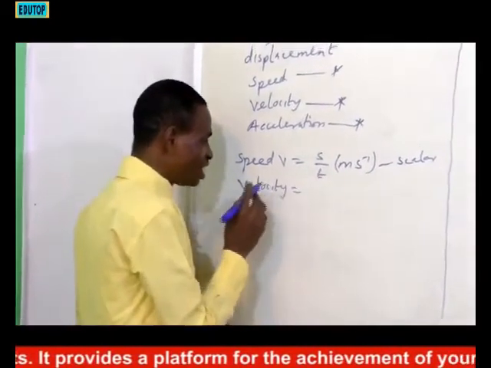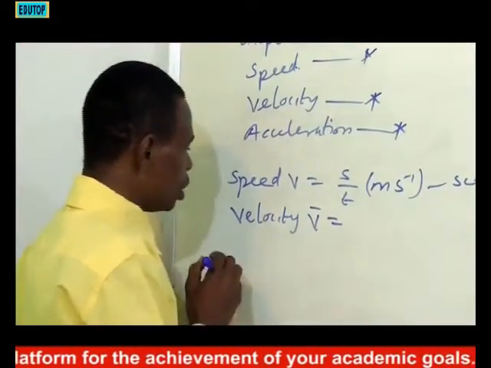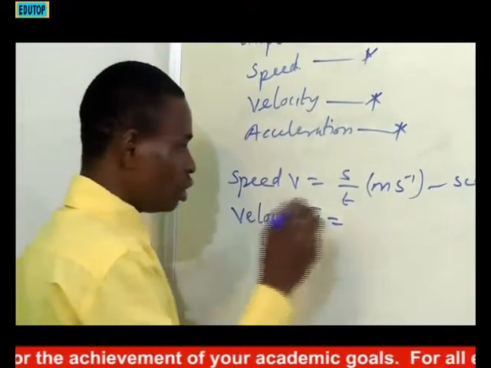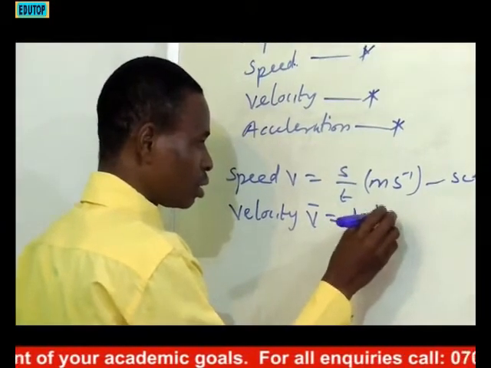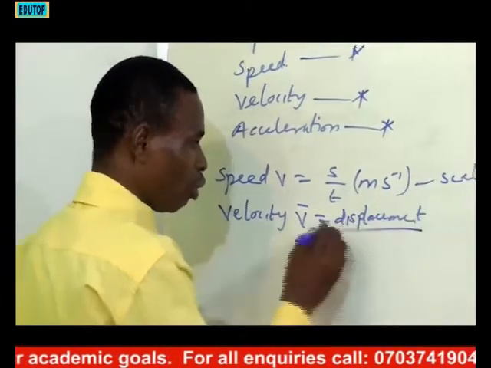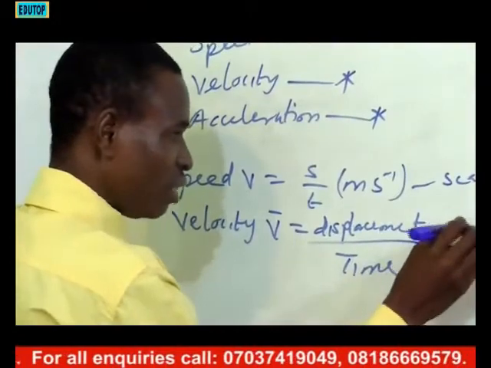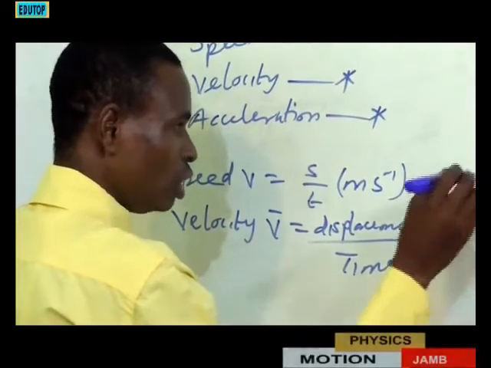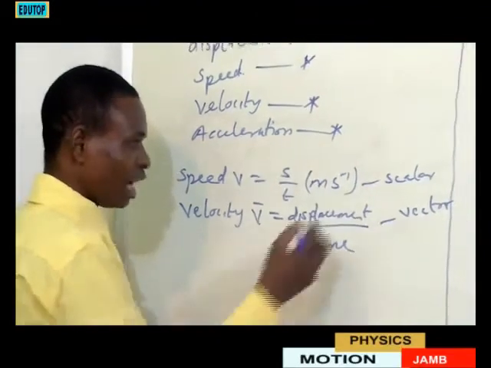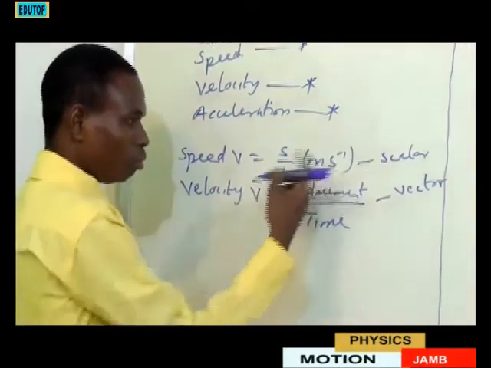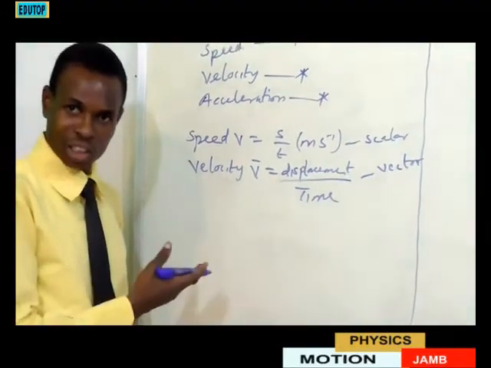And when you are writing the formula for velocity, you say displacement over time. This one is a vector. This one is a scalar. But both of them have the same units. Meter per second. Can you see this now?